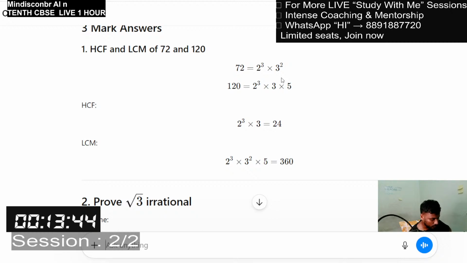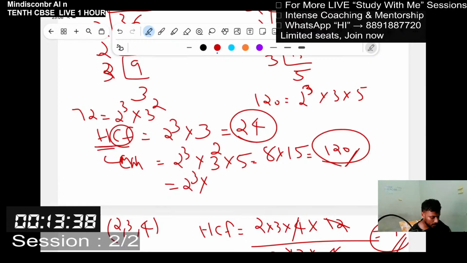So 2 cube into, sorry, there was a mistake. Here we have to take 2 cube into 3 square. In 3 and 3 square we have to take the highest value, 3 square into 5. That is 2 cube into 9 into 5.